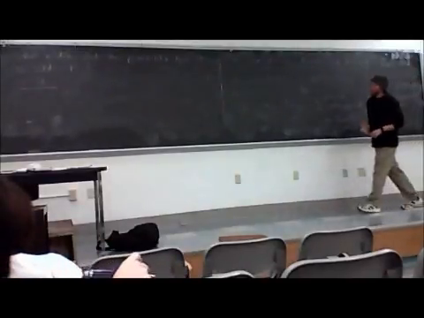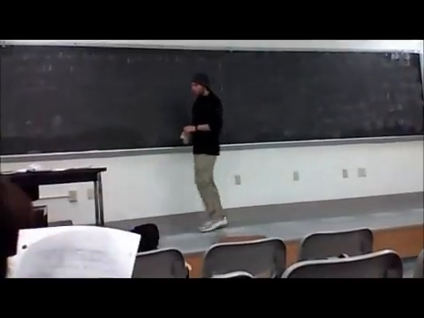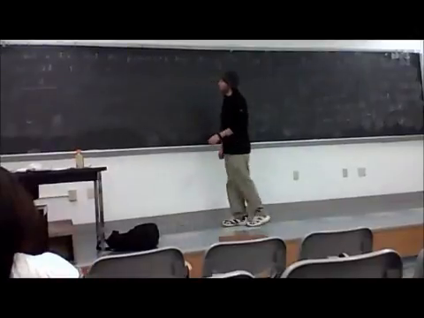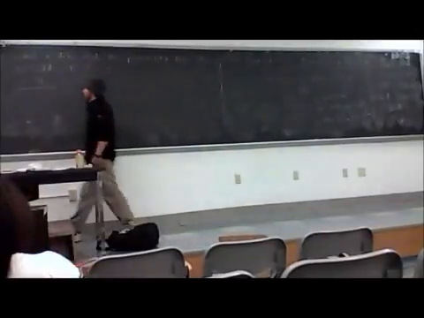So here you roll a die, and I want you to find the probability that the number is odd. So what's the sample space for this experiment? Can you guys identify the sample space?